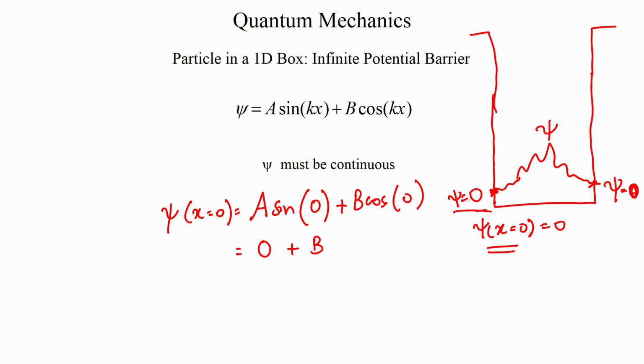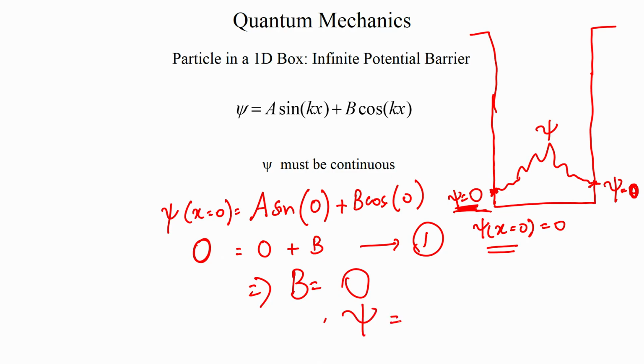Since the wave function takes the value 0, we need b to be 0. Therefore my wave function is of the form a sine of kx. For any x, since b is 0, the cosine term does not exist.